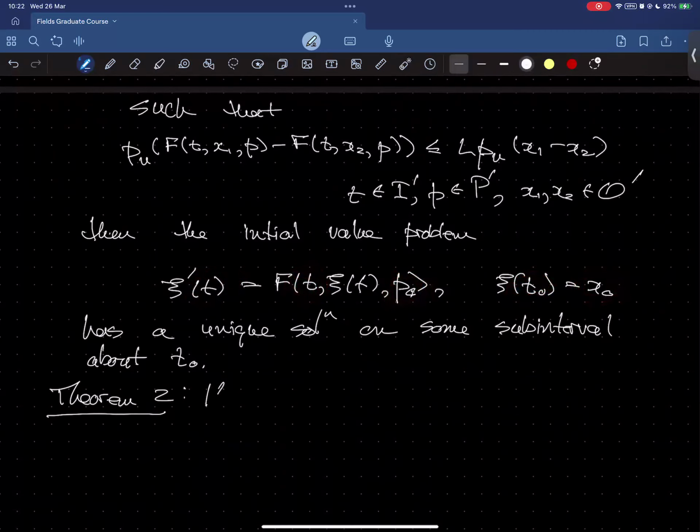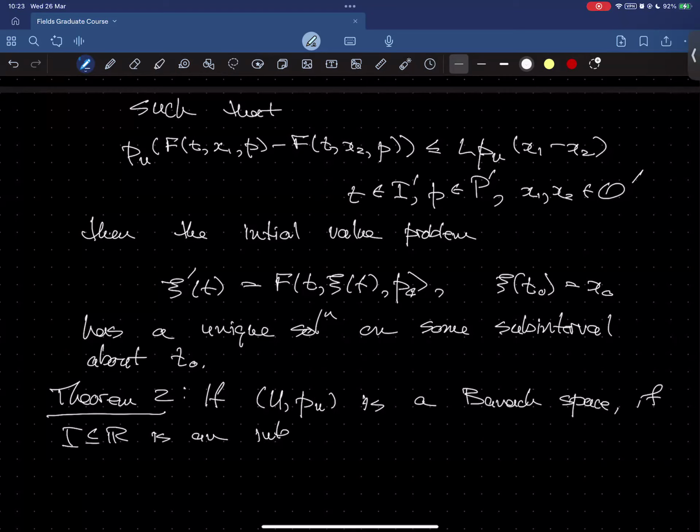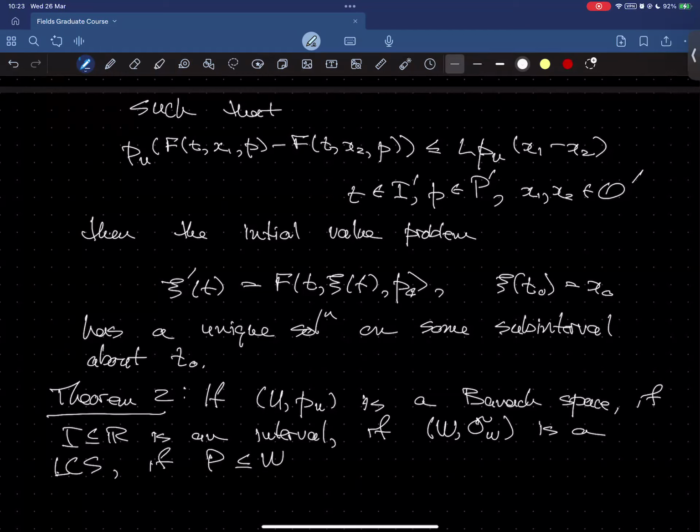Okay, so here, if U is a Banach space, if I is an interval, if W is a locally convex space, if P is an open subset of W. So our parameters now aren't in an arbitrary topological space, but they're in an open subset of a locally convex space.